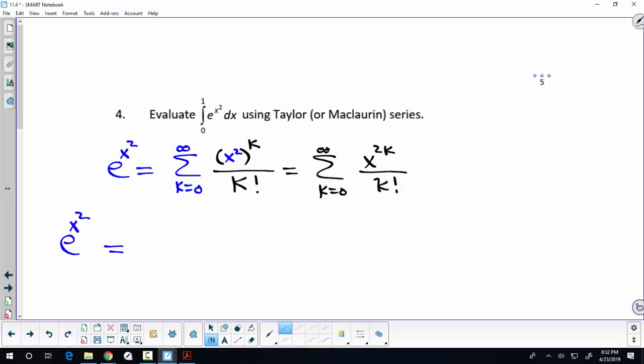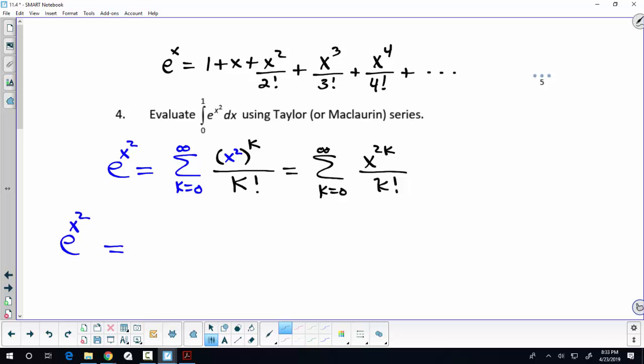When k is equal to 0, you could write out the series for e to the x as well and just replace x with x squared. However you want to do that.